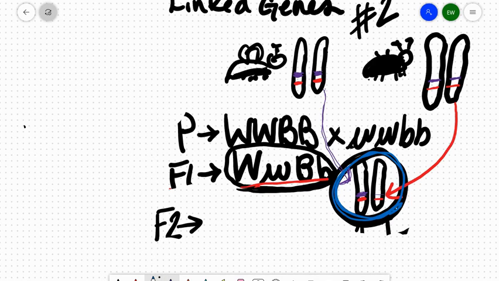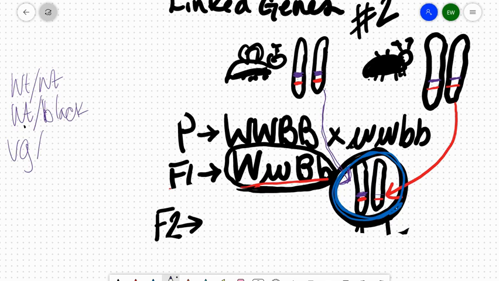We had our wild type, black body, wings. Then we have vestigial, wild type, and then we have vestigial black. Okay, so those are our options.